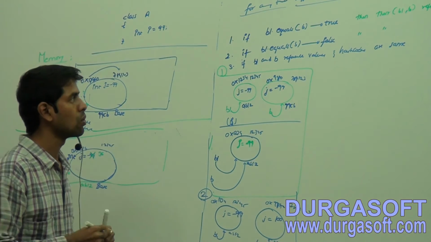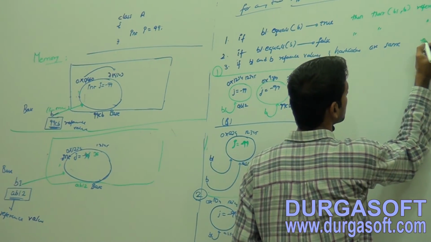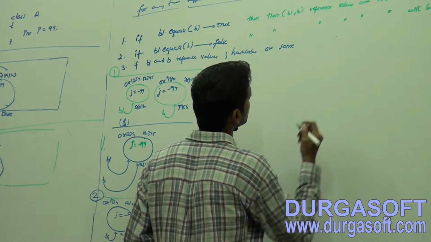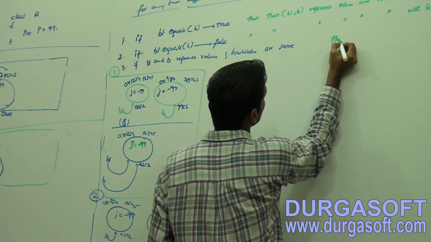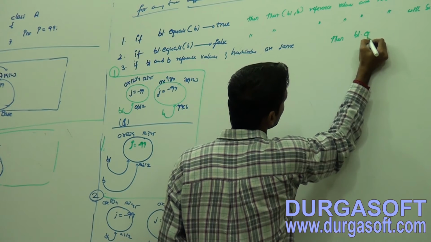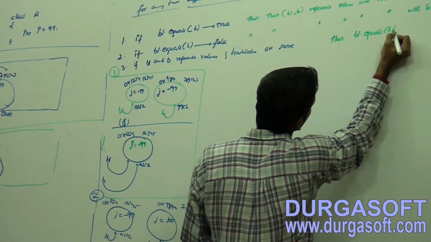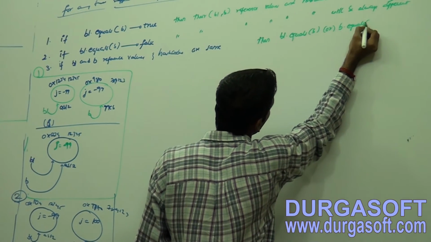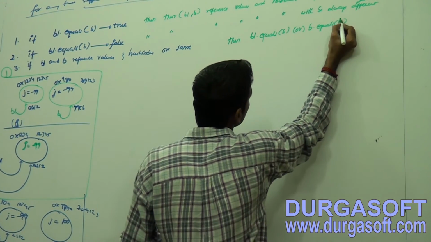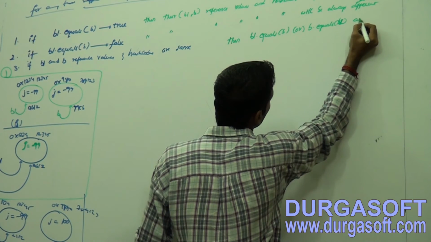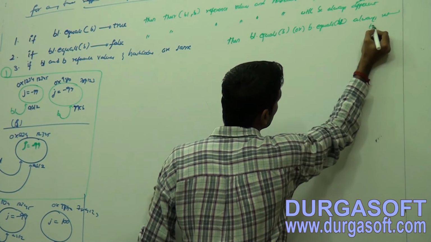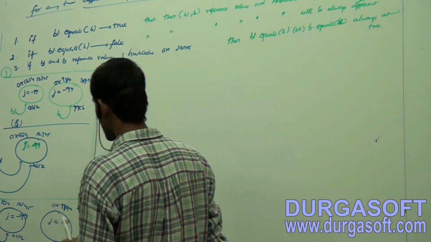So b1 equals of b, or b dot equals of b1, always returns true.